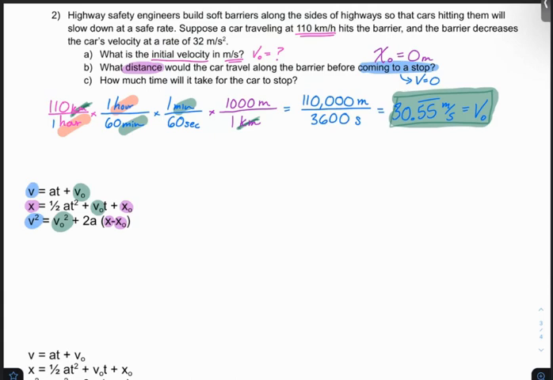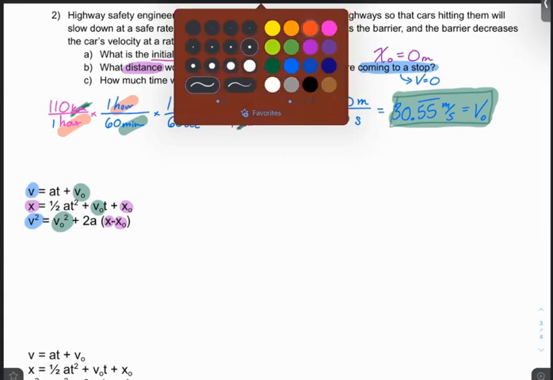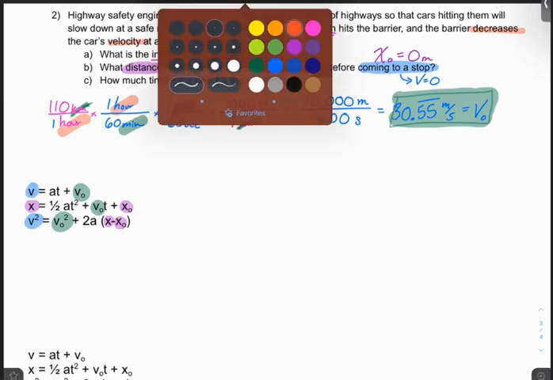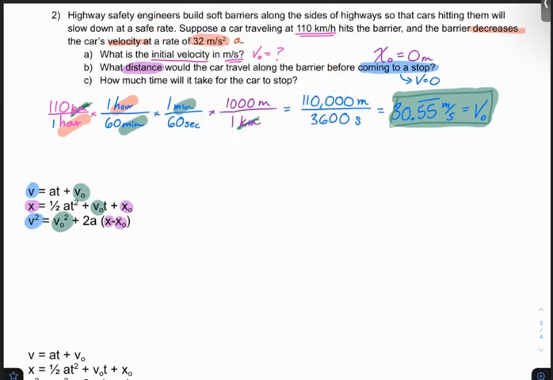And then it says my acceleration: the barrier decreases the car's velocity at a rate of 32 meters per second squared. So that means that my acceleration is going to be negative 32 meters per second squared. So that means I have my acceleration. That's this and that and that. So we're good there.